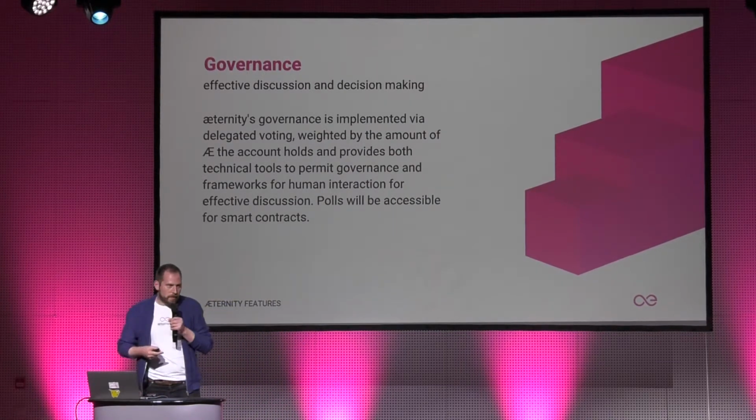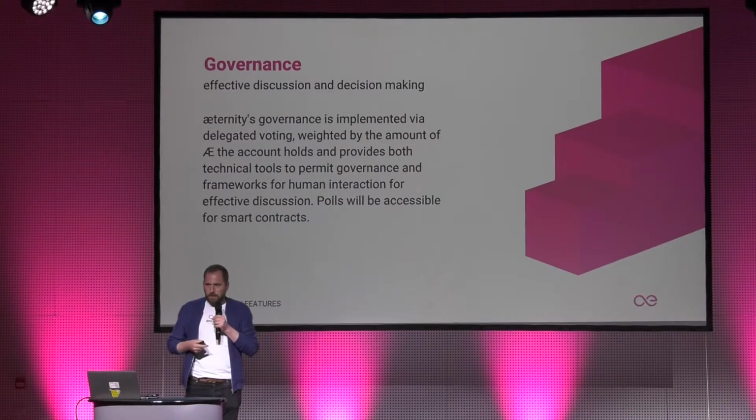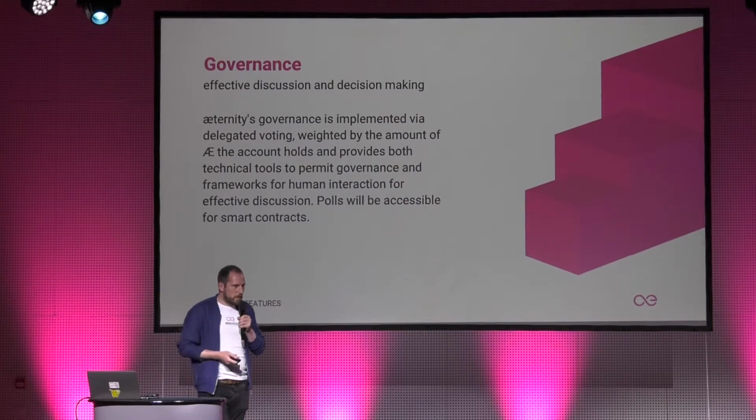We use a mechanism that we call delegated weighted voting, which means the amount of AE determines how many votes you have, and you can delegate your votes to another address. This is important.